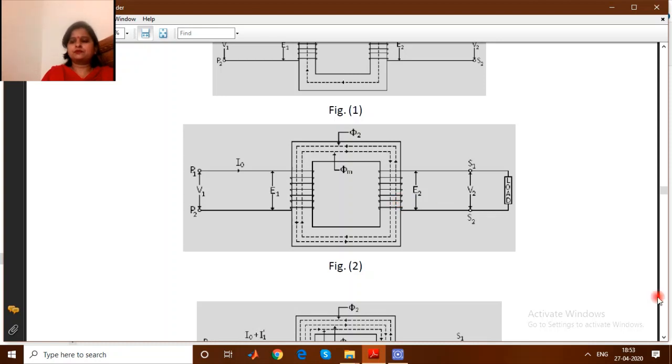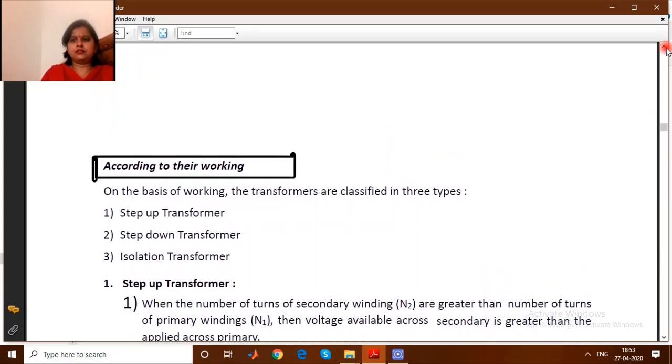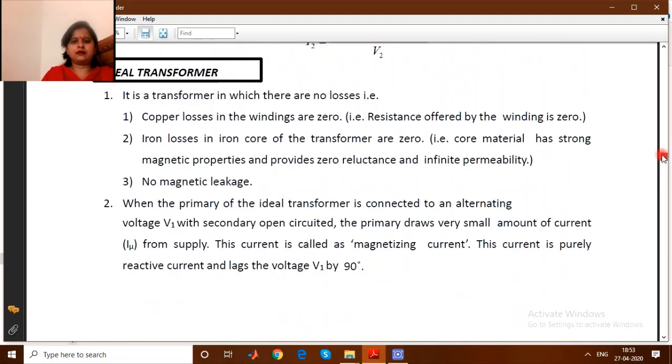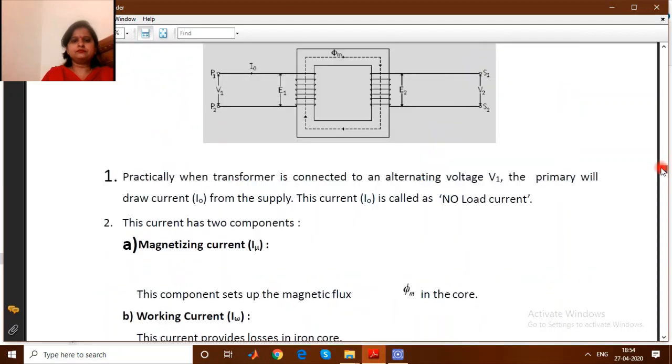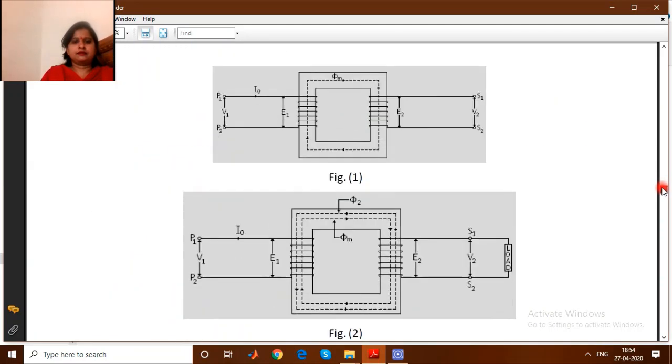So because of that, we need to have some extra current from the primary winding. Suppose initially it was I0, and now after connecting the load, the current becomes I0 plus this one.